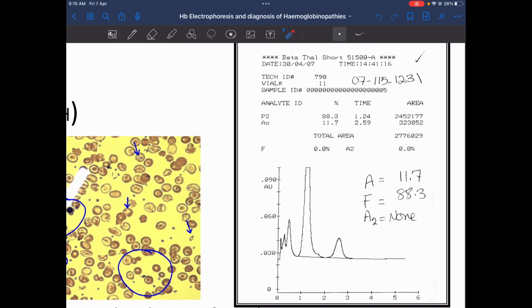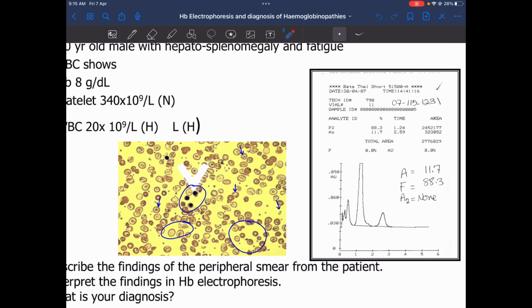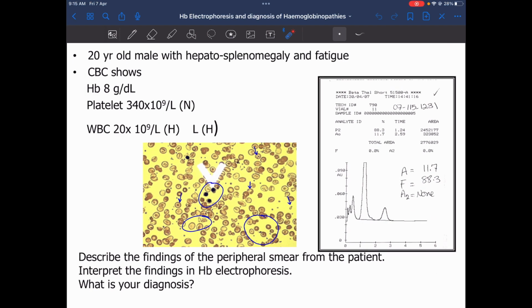Okay, hemoglobin A is 11.7. That is very, very low. Hemoglobin F is 88.3. The majority of the hemoglobin is hemoglobin F, and there is none of hemoglobin A2. Now, we're probably thinking of thalassemia, right? Beta thalassemia specifically, because hemoglobin A is deficient and hemoglobin F is increased.